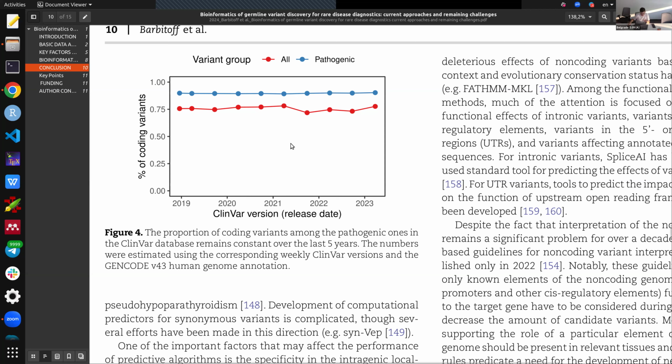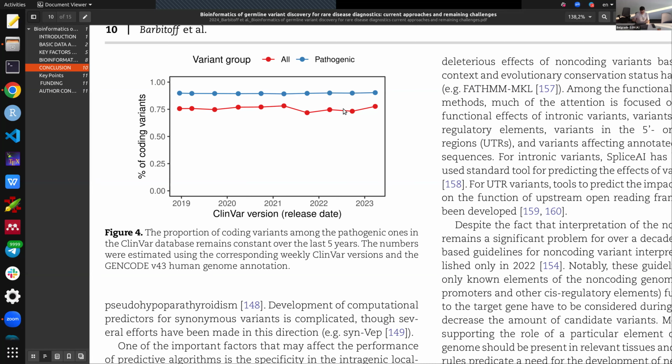The thing which we wanted to ask is basically whether we will see an increase or a decrease in the proportion of non-coding variants among the ones that are reported as pathogenic, and basically the proportion of coding variants remains constant over time.